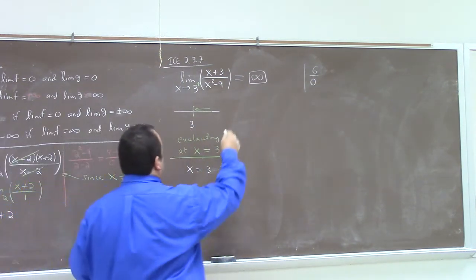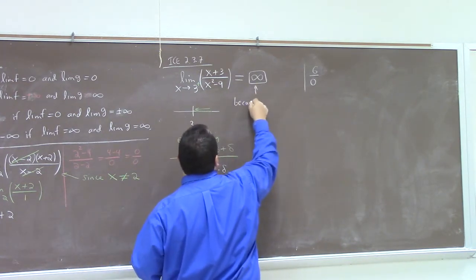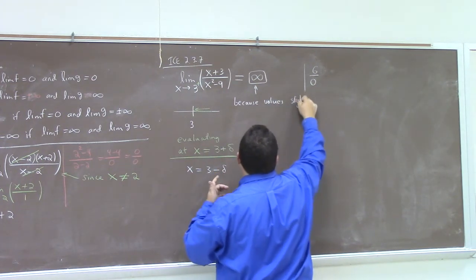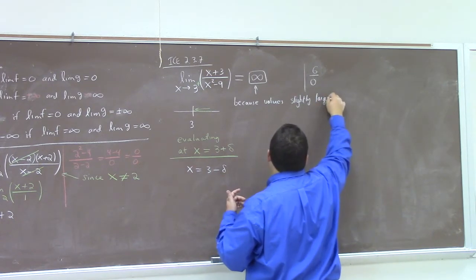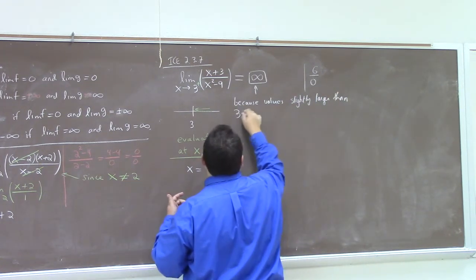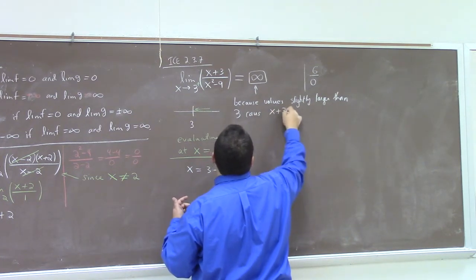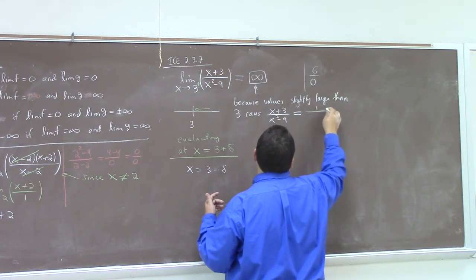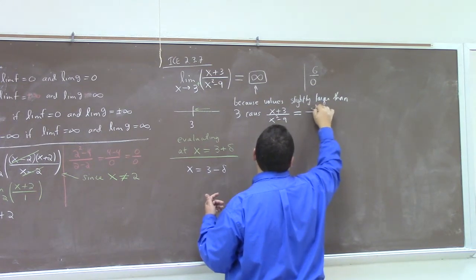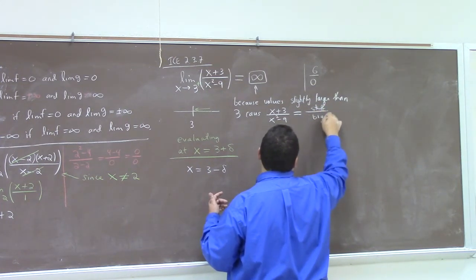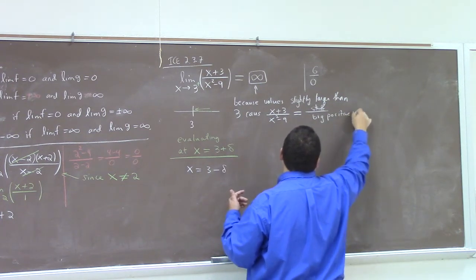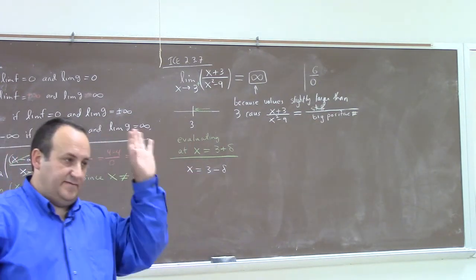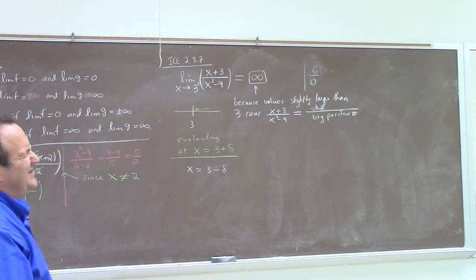And again, this is because values slightly larger than 3 cause x plus 3 over x squared minus 9 to look like stuff over a tiny positive number.